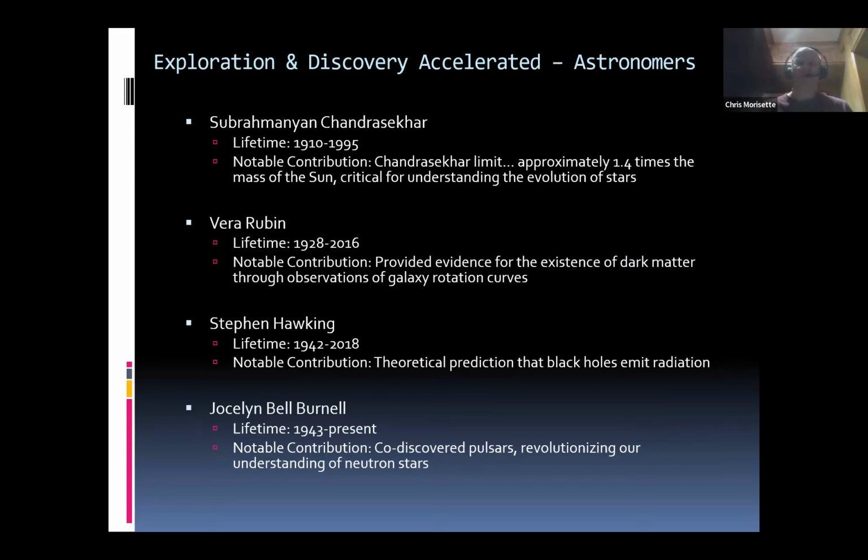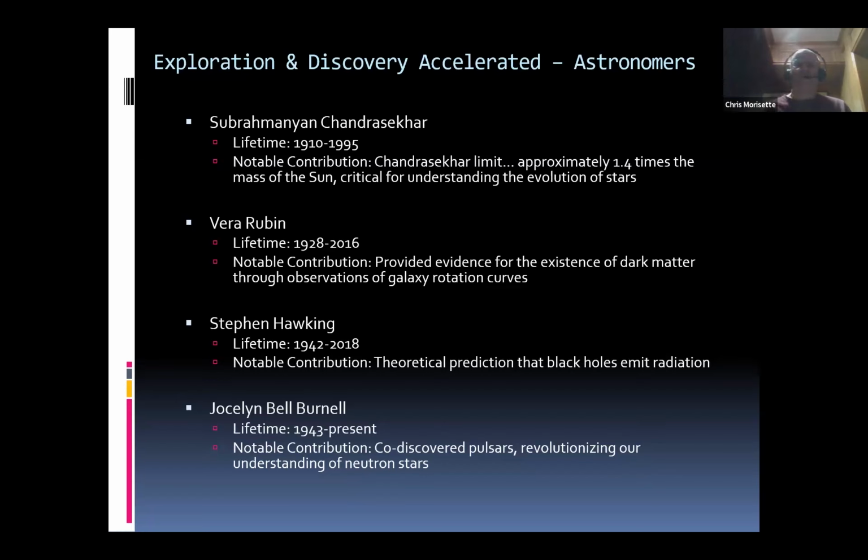He was an Indian astronomer who came up with Chandra's limit, which is 1.4 times the mass of the sun. Anything heavier would turn into a neutron star or black hole at the end of its life. Anything under would turn into a white dwarf and a planetary nebula.